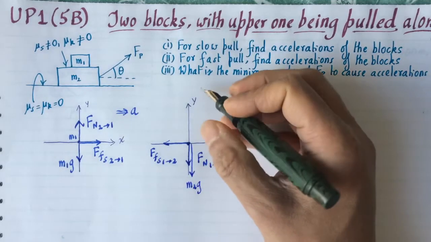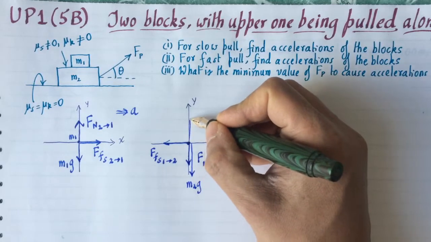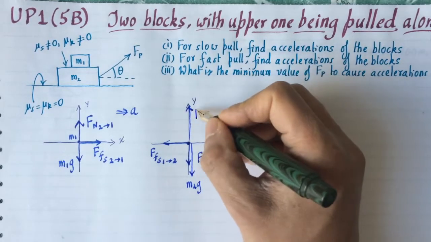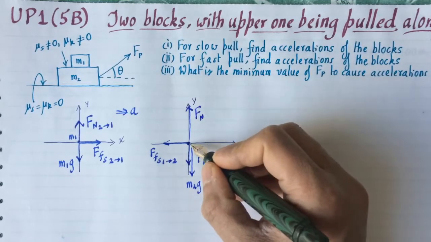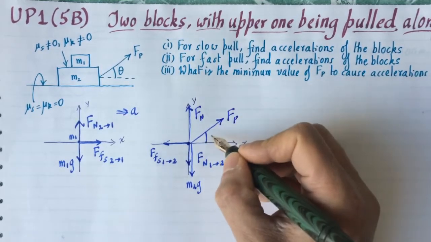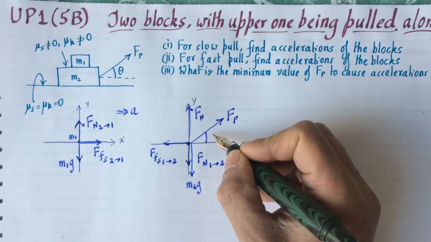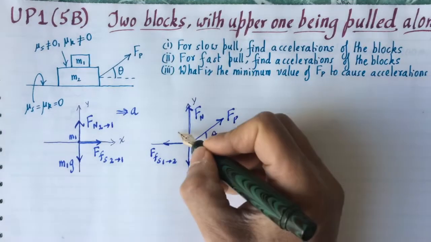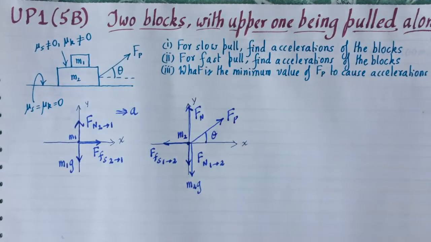And then you have the normal force from the floor, which I'll simply call Fn. And then there's the pulling force, which is Fp. So there are 5 forces acting on the lower block, m2. Once we have all these forces, the next step is to create the force table.